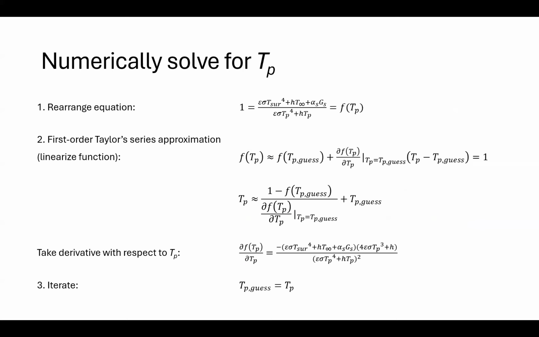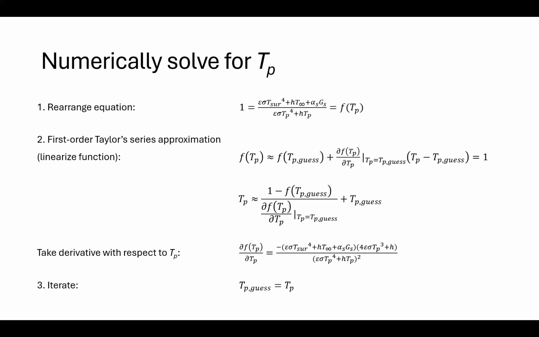And how this works is once the panel temperature reaches a value that satisfies the function condition, the function itself must equal one, based on how it's rearranged.